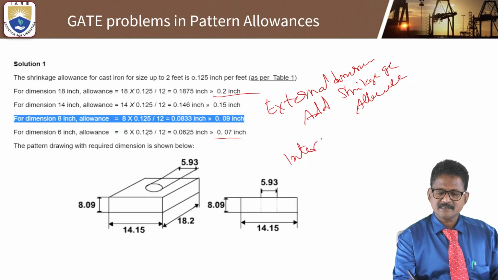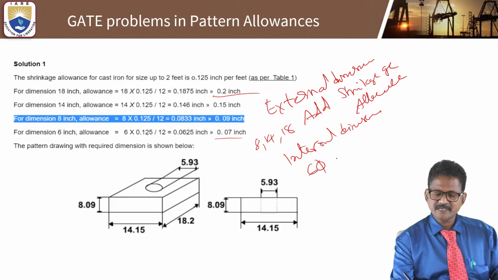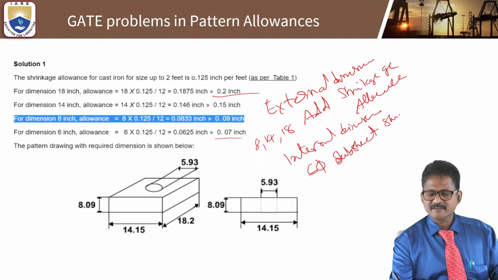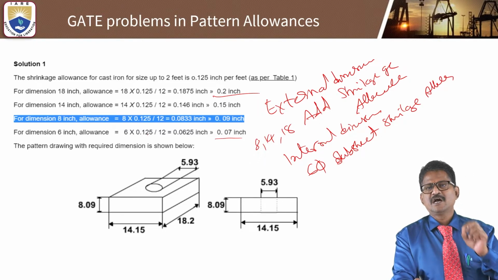For internal dimensions, such as the 6 hollow portion, while 8, 14 and 18 are external, you have to deduct or subtract the shrinkage allowance. This is the important parameter to remember.